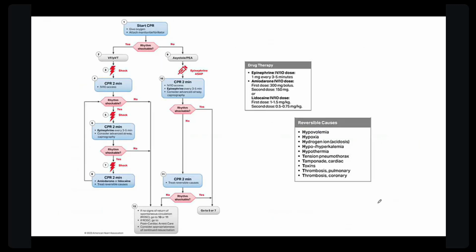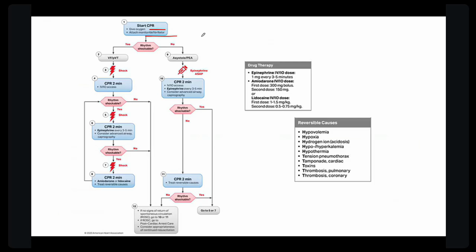Okay. So this is the ACLS algorithm. If you look carefully, ACLS starts by adding to what has been happening during the BLS sequence, basic life support sequence. So here you start supplementing oxygen and you are attaching the monitor, and a defibrillator also should be available, especially when the code blue team arrives.